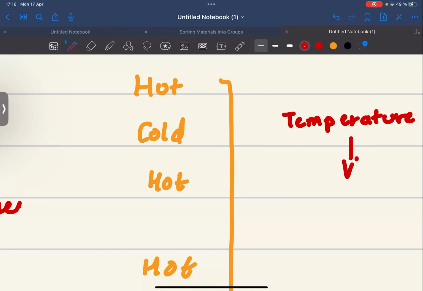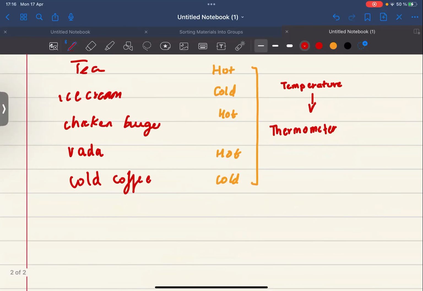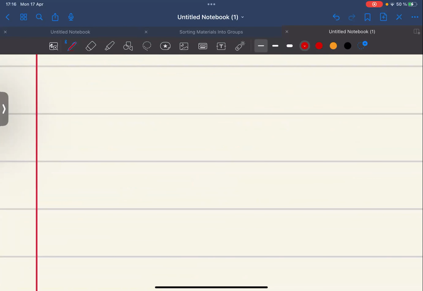What is the instrument? Thermometer, ma'am. Thermometer is used for measuring the temperature. So now we're going to see how this measuring of temperature works.